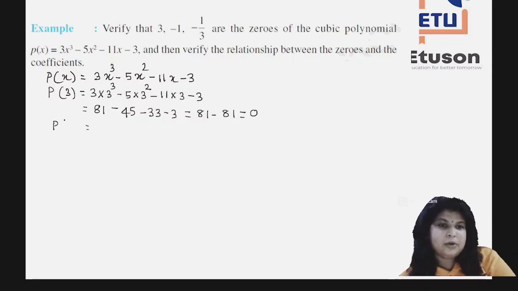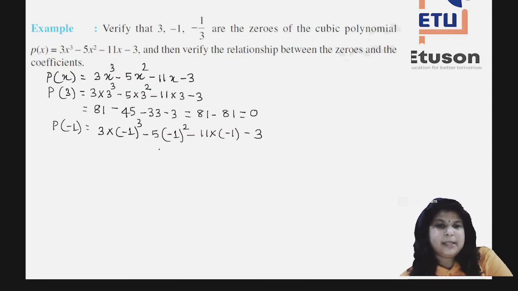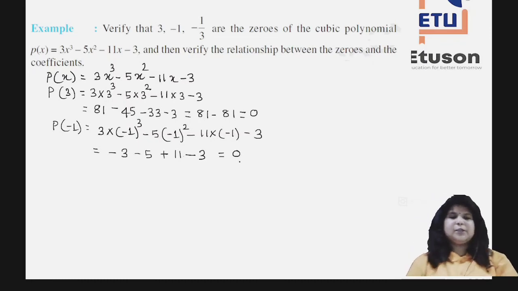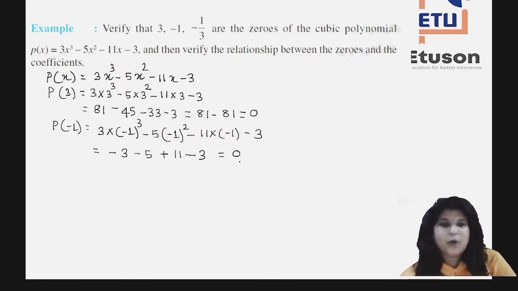Now let us find p of minus 1. So 3 into minus 1 whole cube minus 5 into minus 1 whole square minus 11 into minus 1 minus 3. So the answer is minus 3 minus 5 plus 11 minus 3. Correct? So minus 11 plus 11 becomes 0. So minus 1 is also one of the zeros.